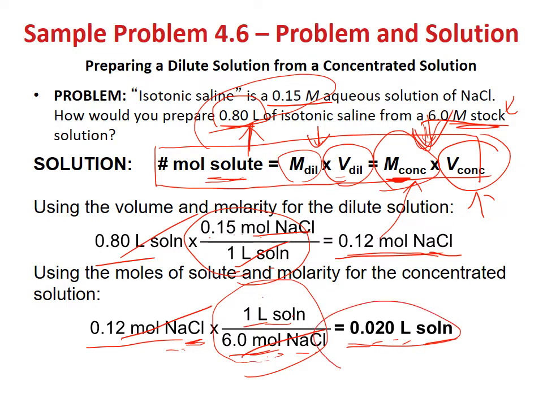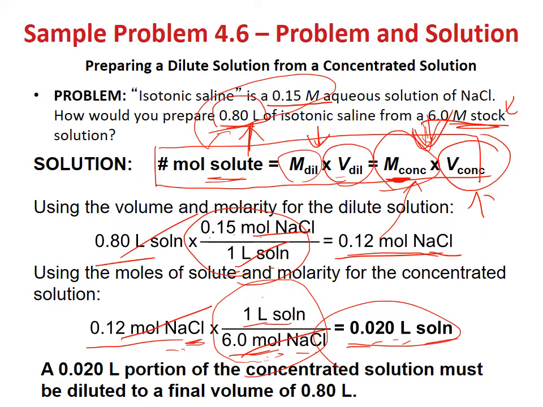This is the concentrated solution volume we need to make the dilution. Then you just add water to complete dilution to 0.8. So a 0.02 liter portion of concentrated solution must be diluted to the final volume of 0.8.